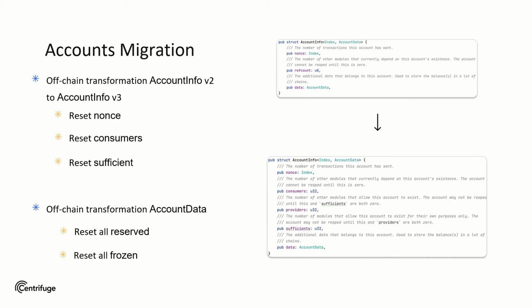Also for the account data, which in the balances pallet holds your free, reserved, misc frozen, and fee frozen amounts, we remove all frozen ones, and we also remove all reserved ones and put them to the free amount.